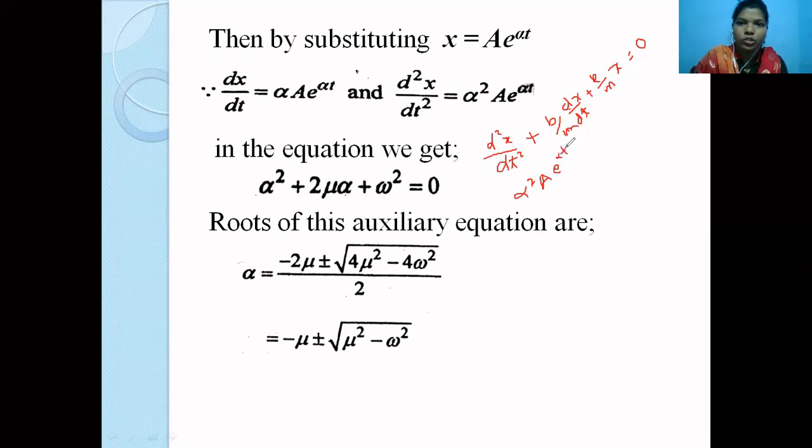I'm just going to keep b by m as it is because it's a constant, or you can also write it as 2 mu because we have substituted 2 mu in the place of b by m. For dx by dt, I'm going to substitute alpha a e raised to alpha t.